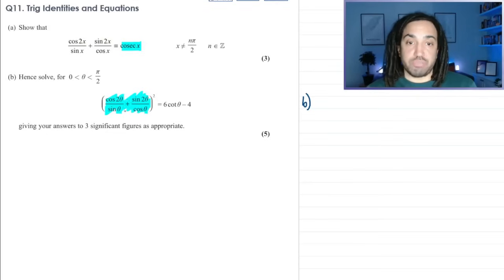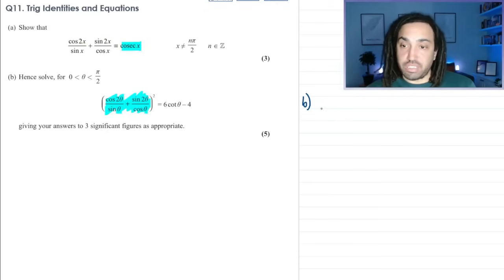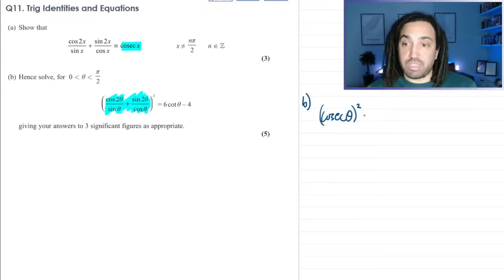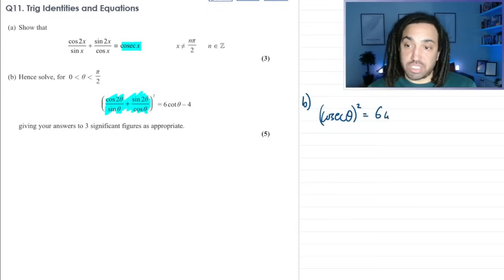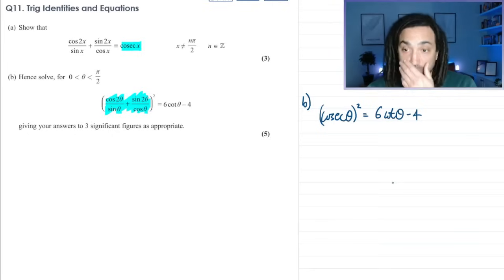Okay, so this blue bit gets swapped out for cosec theta, so it just becomes cosec theta, and then it needs to be all squared, and that's equal to 6 cot theta minus 4. Perfect.